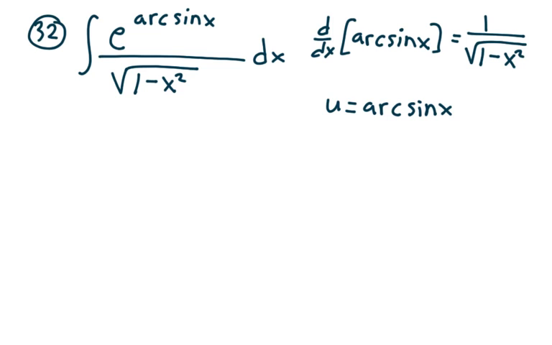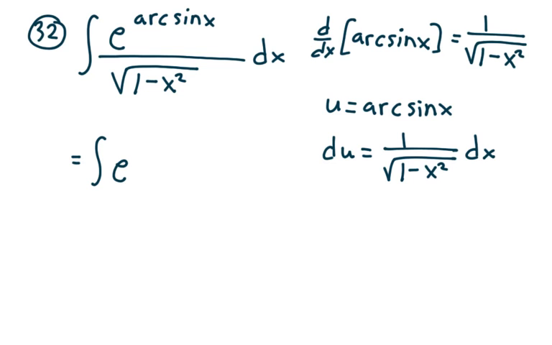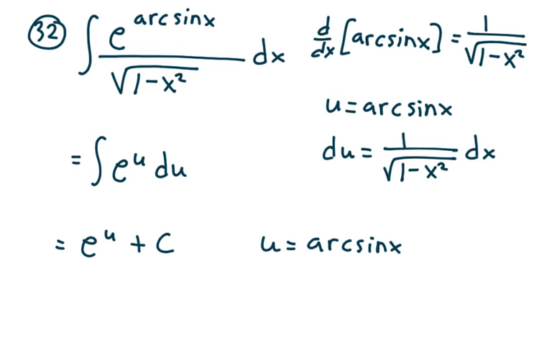So when I do du, I get 1 over the square root of 1 minus x squared dx. And so this is the integral of e to the u du, which is e to the u plus c. But u is arc sine x. So this is e to the arc sine x plus c. That's how we do 32.